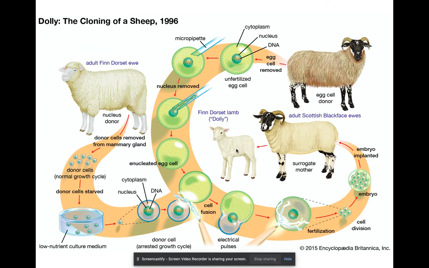So all the DNA from the Scottish blackface ewe was removed, and then you have what's called an enucleated egg cell. That enucleated egg cell has no nucleus, but when the donor cell from the white ewe was brought near that cell, they used electricity. You can see there's electric pulses there on the bottom.